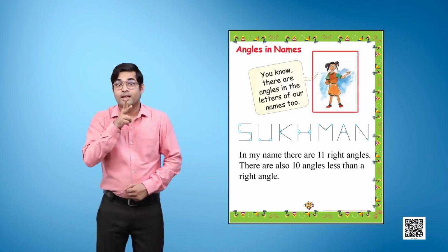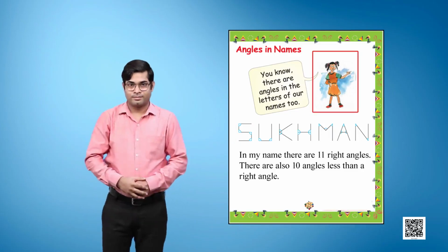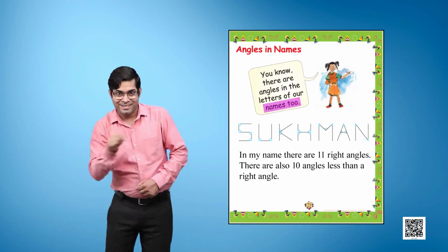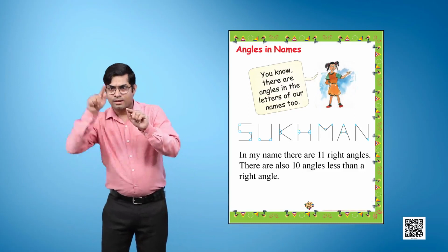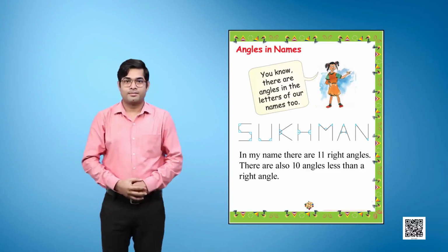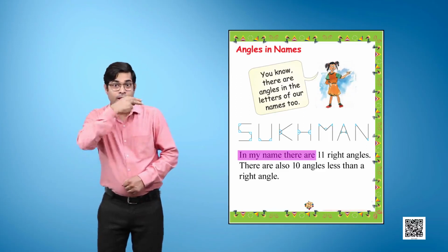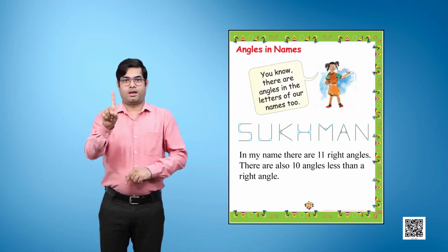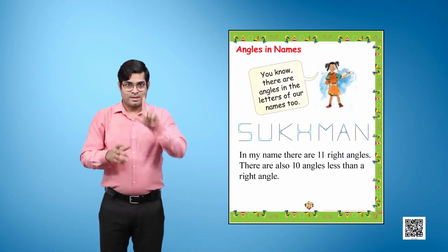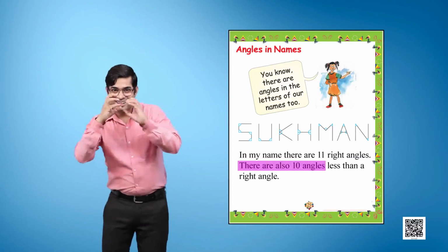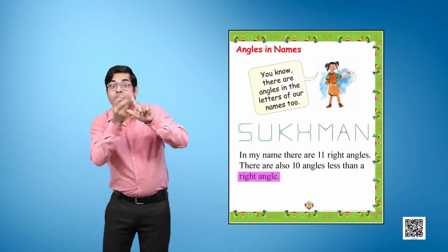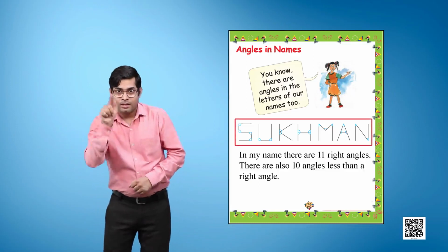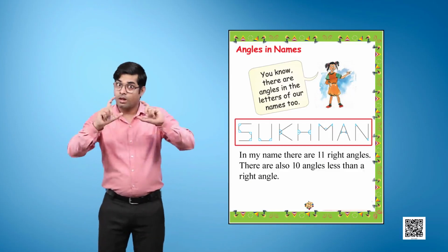And the girl tells us, "You know, there are angles in the letters of our names too. In my name, there are 11 right angles. There are also 10 angles less than a right angle." Observing the name carefully, we see all the angles marked clearly.